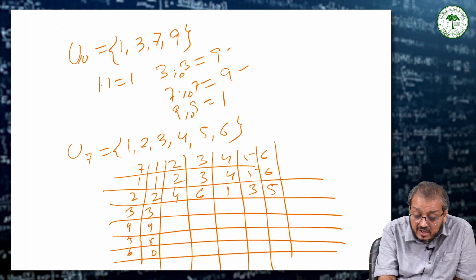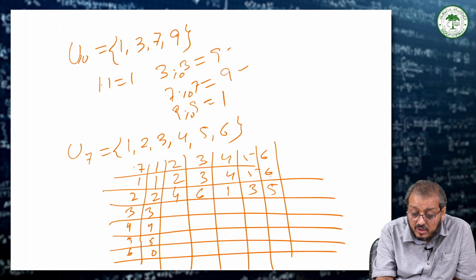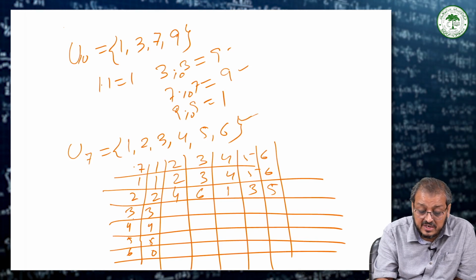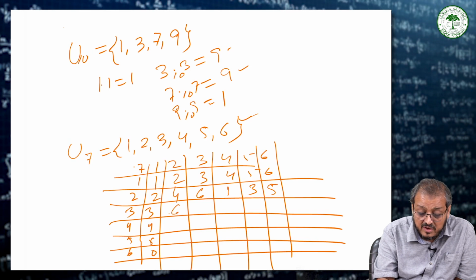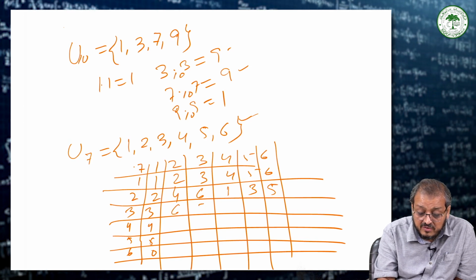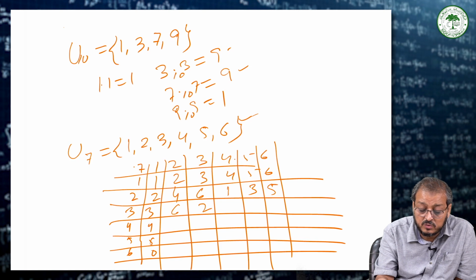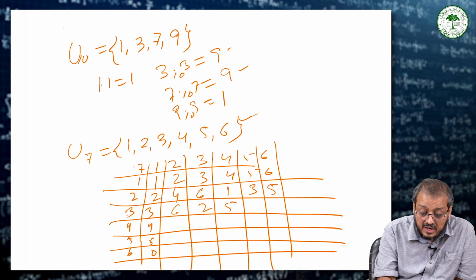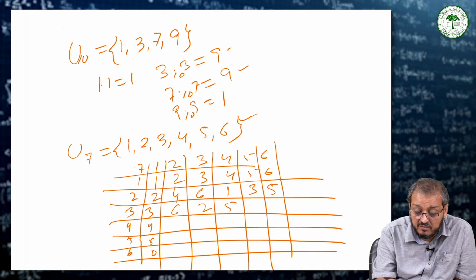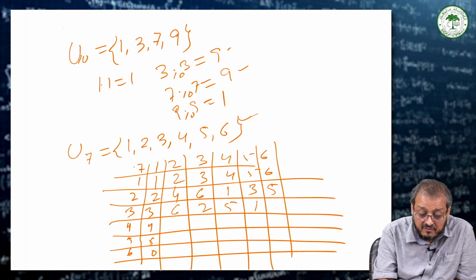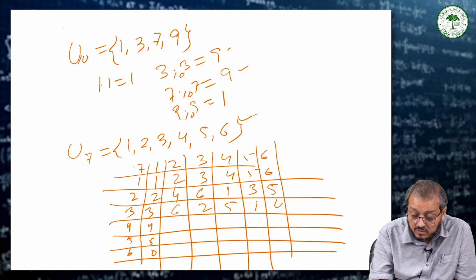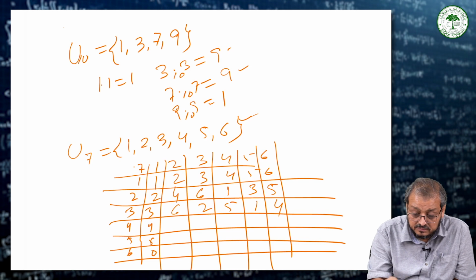Now you see that all the elements of this table are members of this set, and this row is also a member of this set. For the row of 3: 3 into 2 is 6, 3 into 3 is 9 which is 2, 3 into 4 is 12 which is 5, 3 into 5 is 15 which is 1, and 3 into 6 is 18 which is 4.